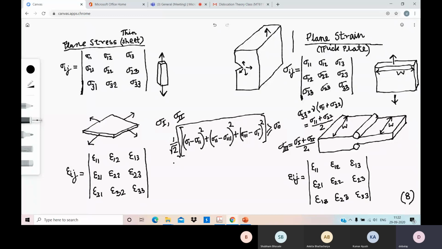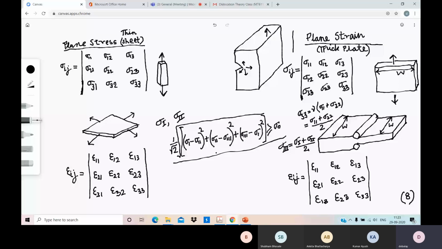But if the body is thick, then the constraint imposed by the other directions will introduce positive values of sigma 2 and sigma 3, which resist the shrinking of the body along these 2 directions. Because if you apply sigma 11, there will be an epsilon 11 in the positive direction, but there will be epsilon 22 and epsilon 33 in the negative direction. The body has to squeeze in those 2 axes.